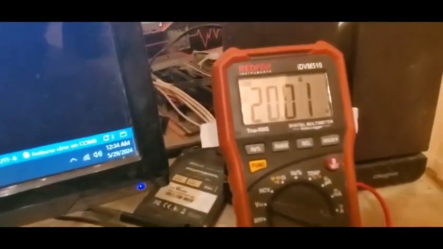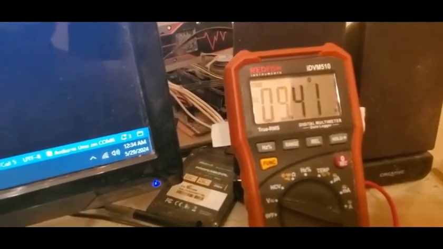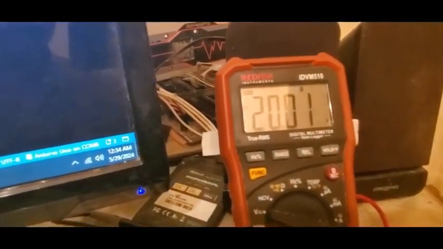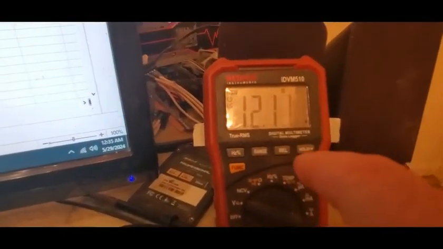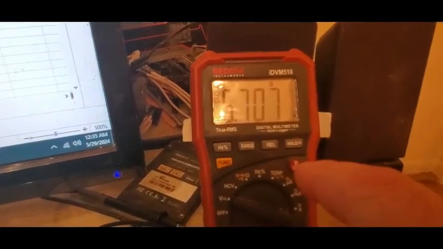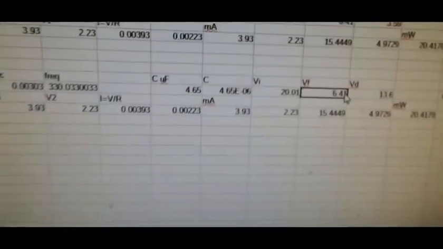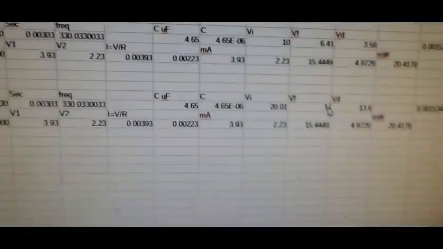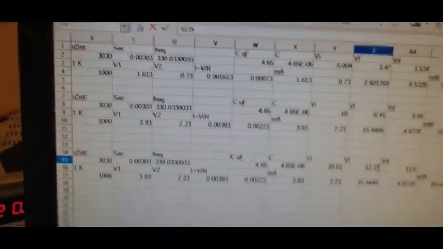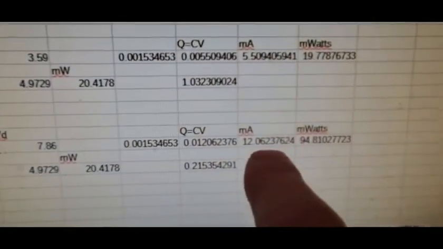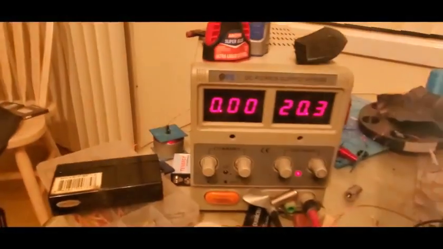Okay, so we got it dialed into 20, 20.01. We'll use 20.01 because it likes to drift up a little. So we see that it snaps back to 12.15. So we put that in for that. And we see our calculated milliamps are now 12. Okay, so we got a little confirmation.